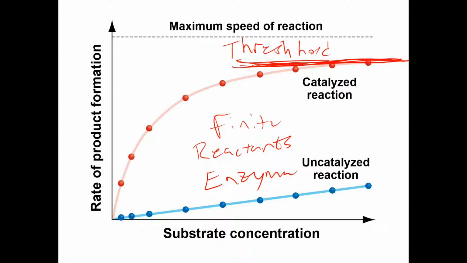So it can no longer bind to anything else, and the rate of your reaction, of product formation, will level off. The only way you can get this to keep going is if you add more enzyme. Then your rate of product formation will go up.